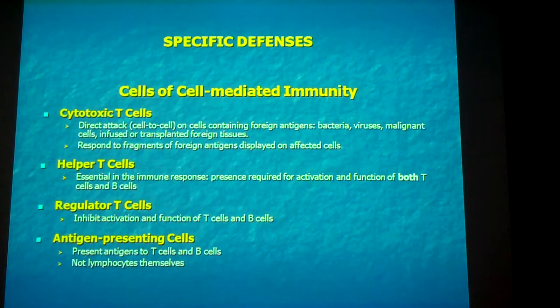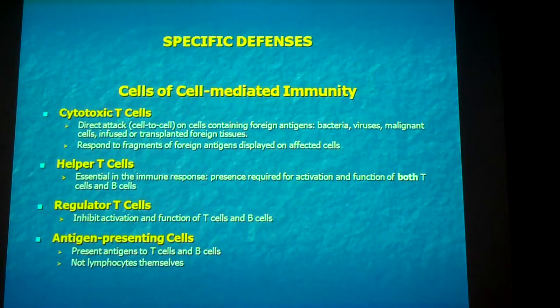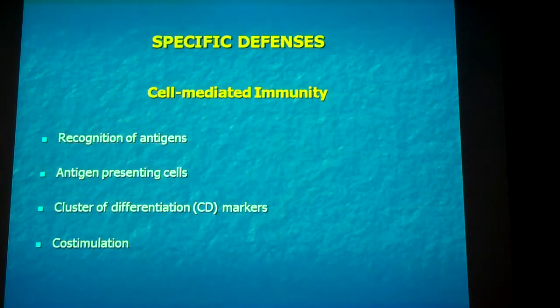Regulator T cells are those that put the brakes on, so to speak. They are formed in lesser numbers and formed later than the cytotoxic T cells, but they will put the brakes on the immune response. Antigen-presenting cells are not T cells, but they are part of the cells involved with cell-mediated immunity. Antigen-presenting cells are those that present antigens to the T's and the B's.